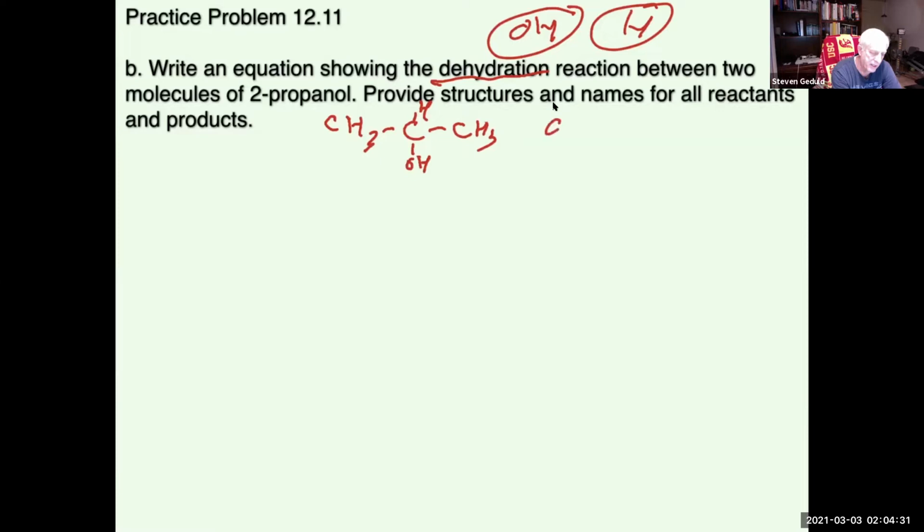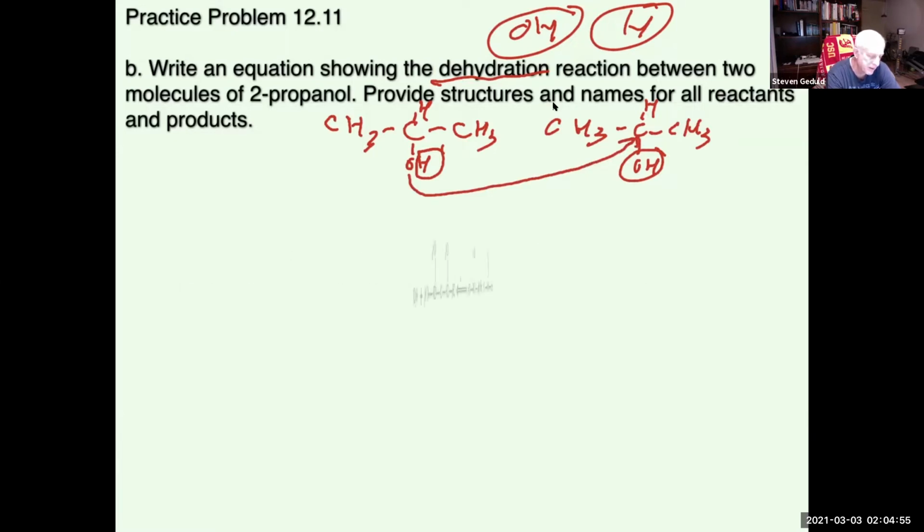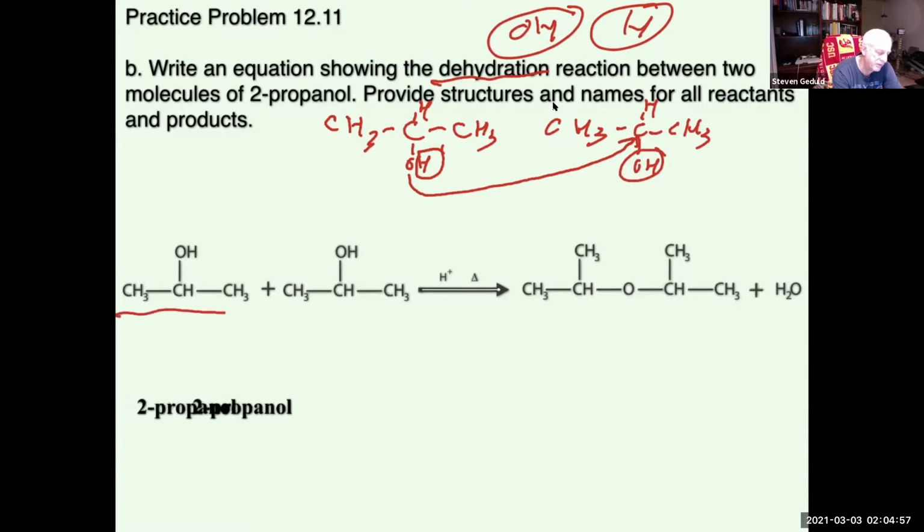So we have 2 of these molecules of 2-propanol. We remove OH from one and H from another. So this oxygen is going to attach right to that carbon where you lost the OH group. That's a dehydration reaction. Here's your 2 compounds.